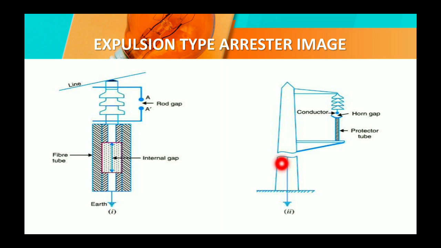And that is the horn gap. And there is also the protector tube; we know this type of arrestor is also known as the protector tube arrestor. So there is the protective tube, the horn gap, and the conductor. So this is the image of an expulsion type lightning arrestor.